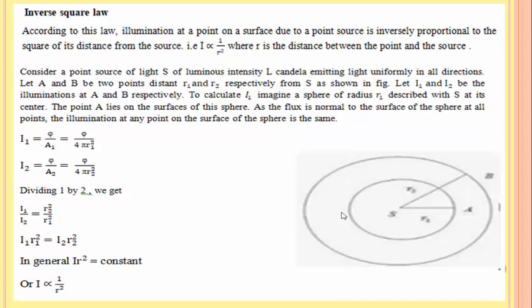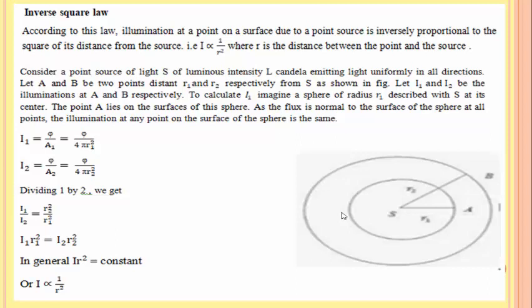So, I1 equals phi divided by A1 equals phi divided by 4 pi R1 square, where A1 is the area of the surface, that is 4 pi R1 square. Similarly, I2 equals phi divided by A2 equals phi divided by 4 pi R2 square.